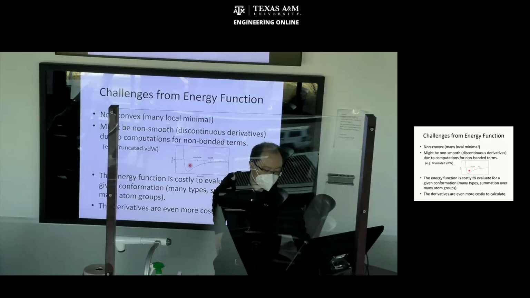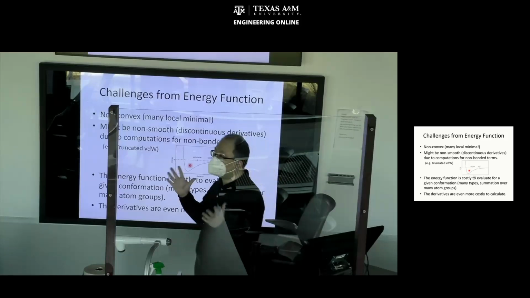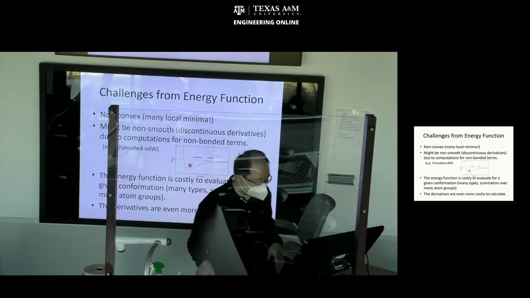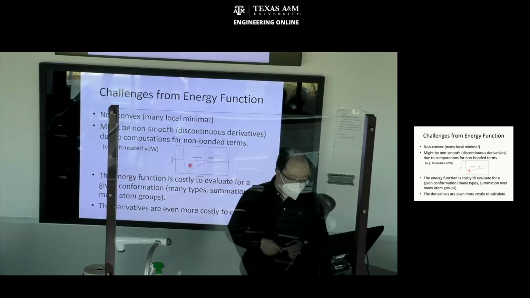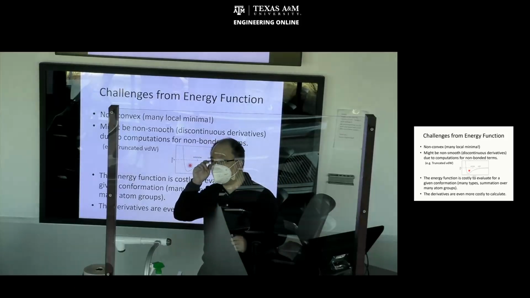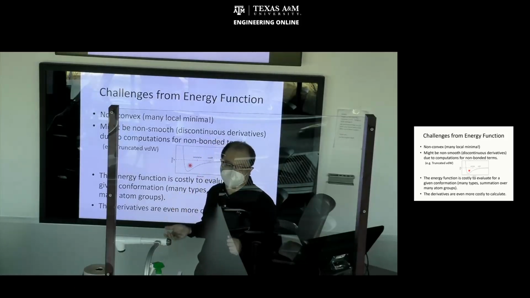And also, this energy function is very costly to evaluate for a given conformation because you have to sum over many atom groups. Even if you are just talking about atoms within some distance, you're still talking about a lot of atom groups. And if the energy function is expensive, the derivatives are even more expensive, because one is zeroth order information, and one is first order information.